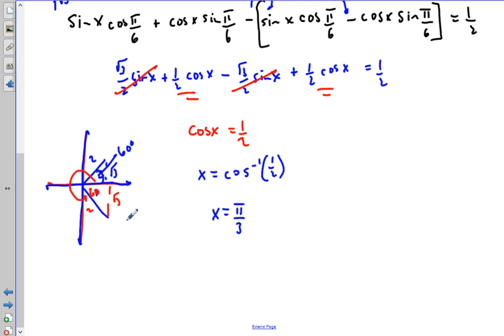And what we have then is going to be another one, but in the fourth quadrant, that's going to equal 5 pi over 3. 5 pi over 3 in the fourth quadrant. And that, my friends, is our answer.